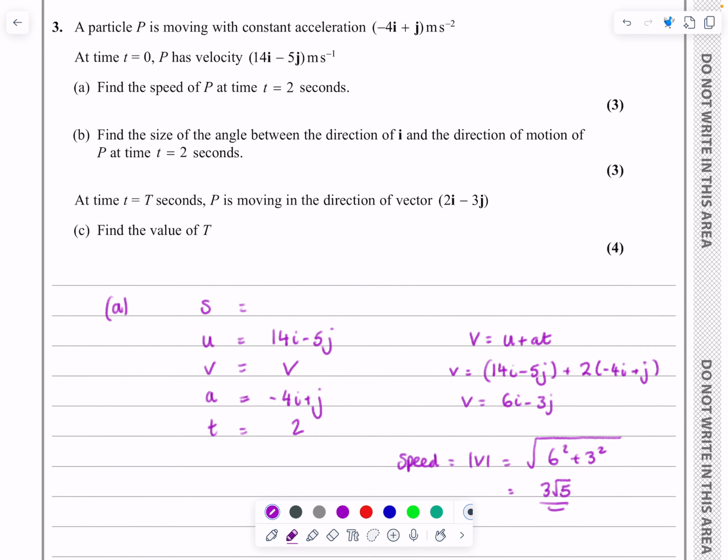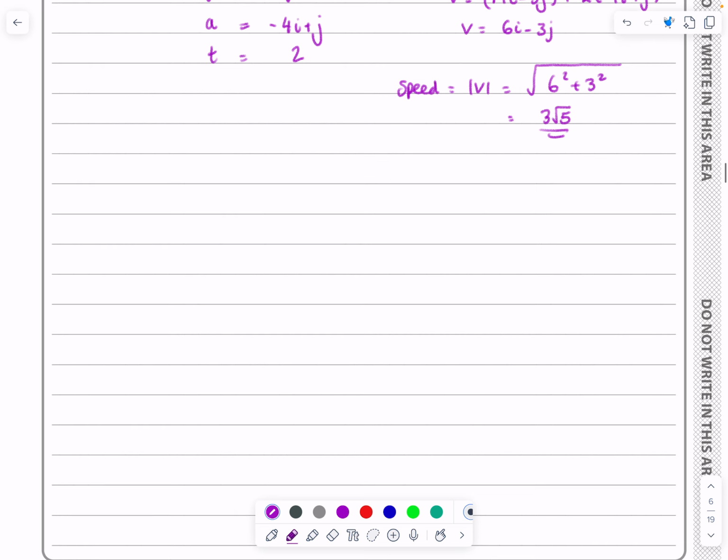Anyway, going on to part B: the size of the angle between i and the direction of motion of P at 2 seconds. What that means is, if my velocity is 6i minus 3j, let's draw out what that would look like. 6i, but then minus 3j means that my vector is going to look something like that.